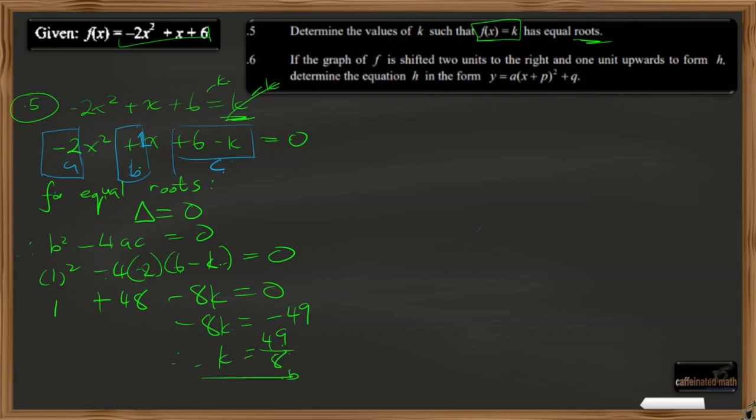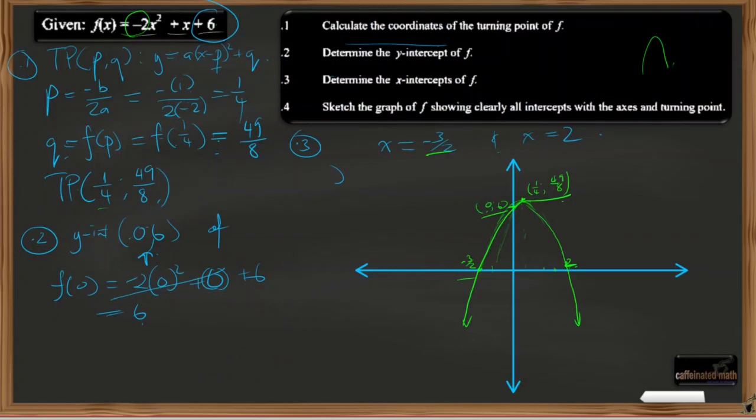Now let's interpret this result quickly. They wanted equal roots. Let's see if this makes sense. Now remember, these are the coordinates of our turning point, and then that k is being subtracted. Remember, it said 6 minus k. So our k value is 49 over 8, but if we subtract 49 over 8, the turning point is going to go down, and that's where our parabola is going to turn.